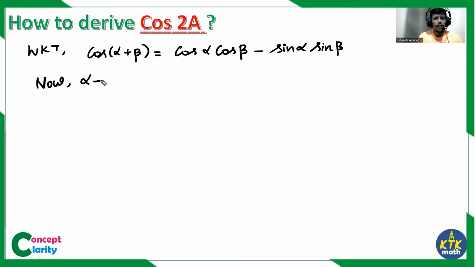Now, in the same way, I'm going to consider alpha and beta as A. What will happen here?